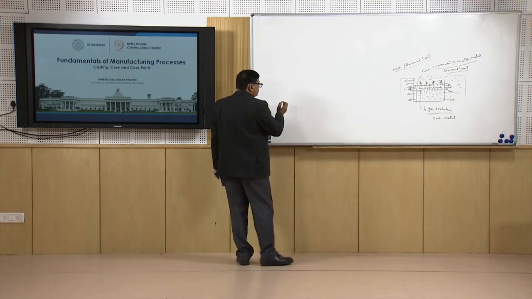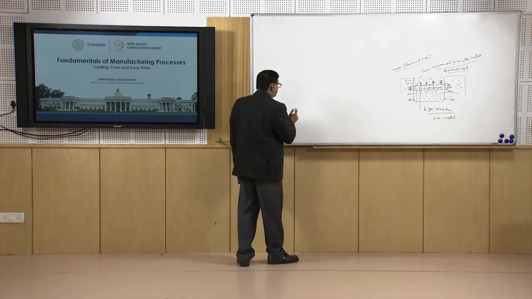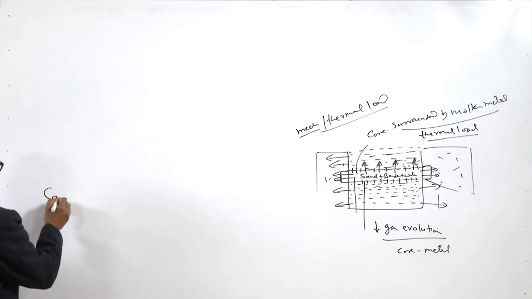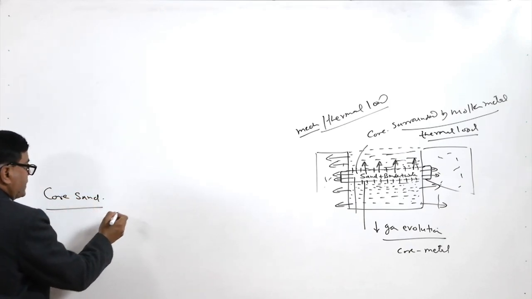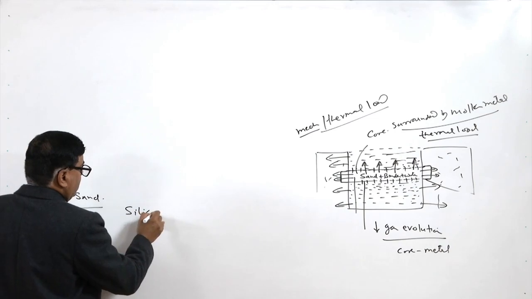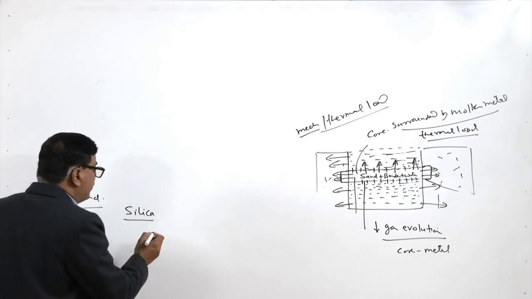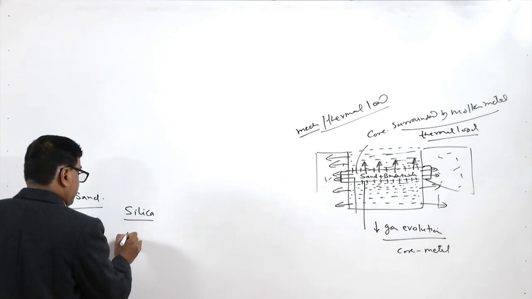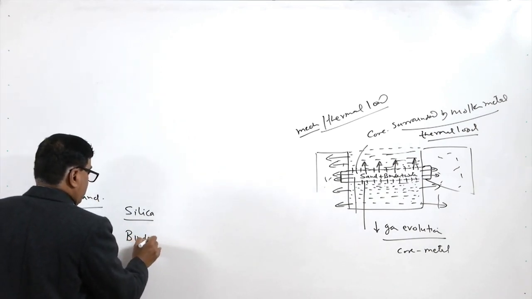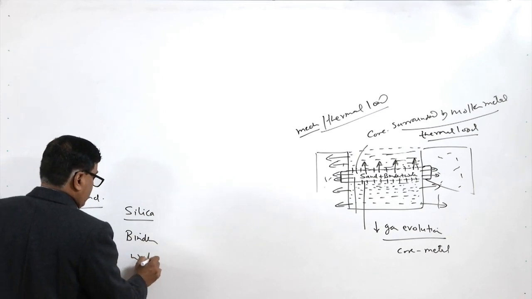Now, we will come to the role of the different constituents. As I have said, core sand basically comprises silica sand which is largely free from clay. Another is the binder and then water.